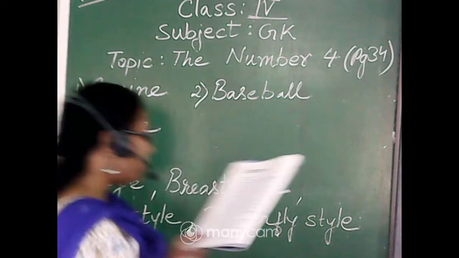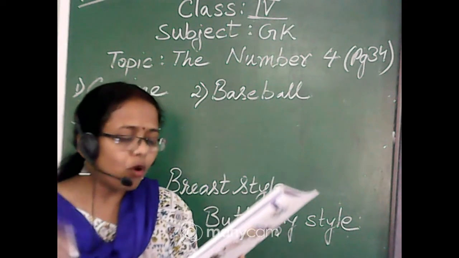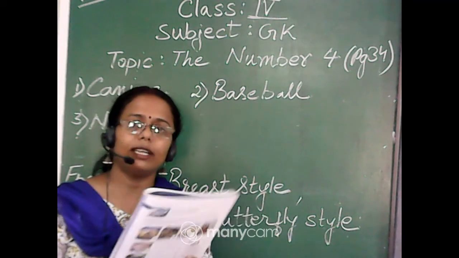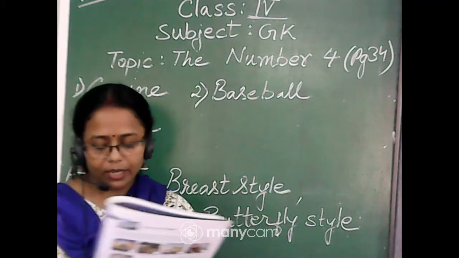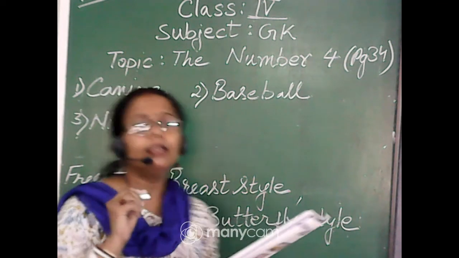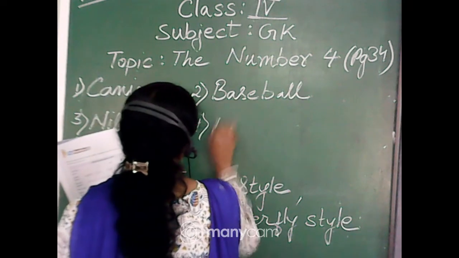Next comes, people of which religion believe in the 4 great truths? Actually they believe in 8 great truths, but the basic 4 great truths are, this religion is named Buddhism. And which are those 4 great truths, you know?